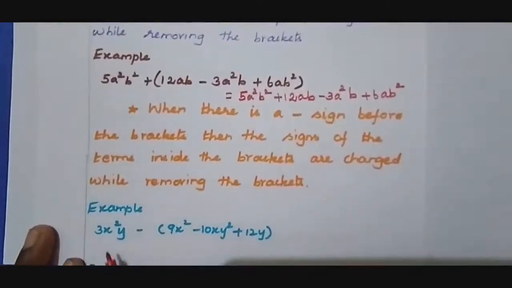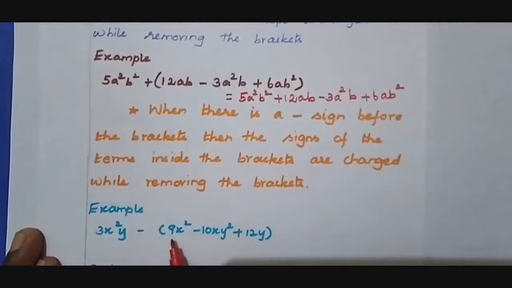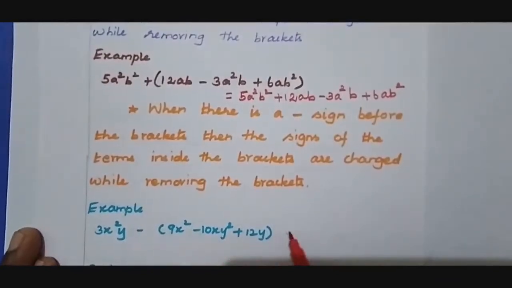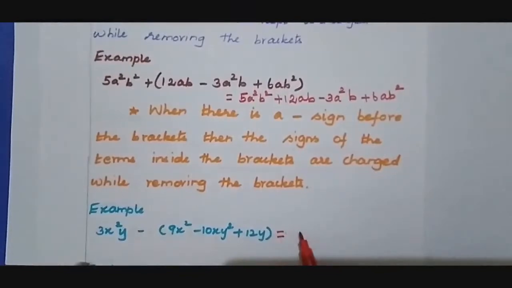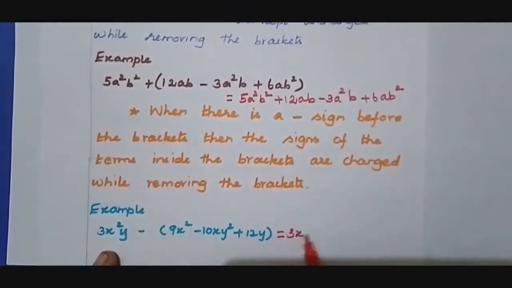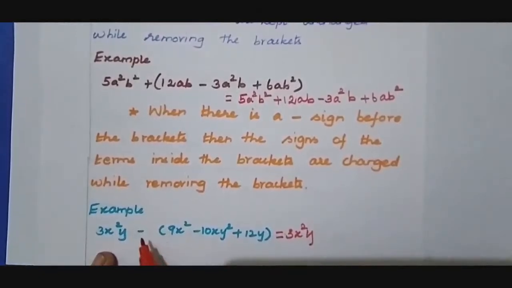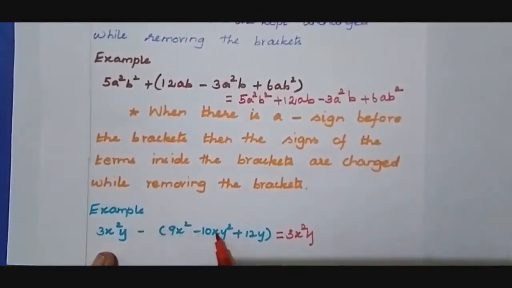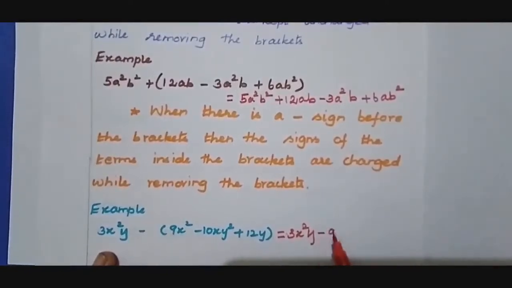Example, 3x square y minus 9x square minus 10xy square plus 12y. So write the first term as such. How do we remove the bracket? Yes, we have to multiply this minus sign with the terms inside the bracket. Minus into plus is minus 9x square.